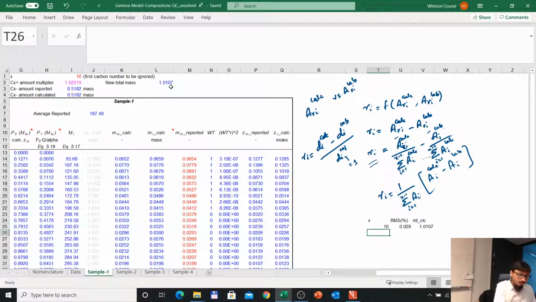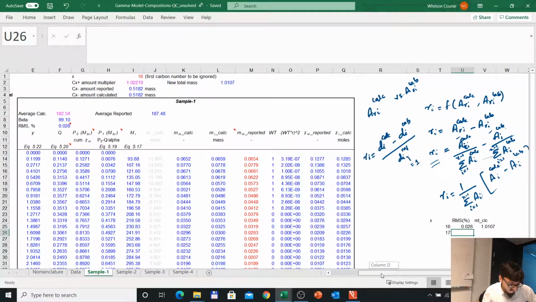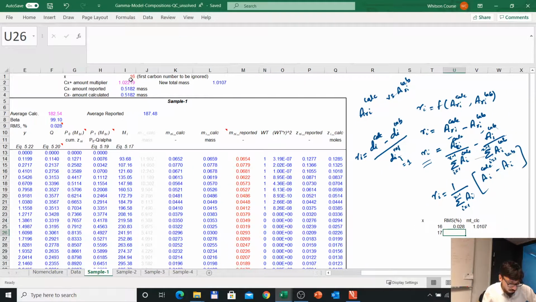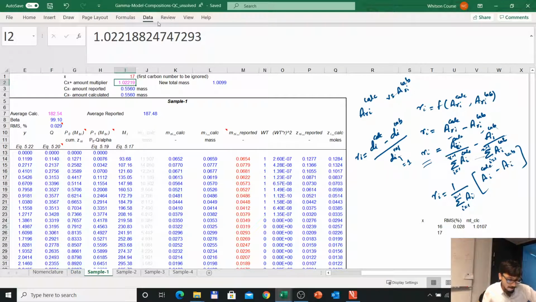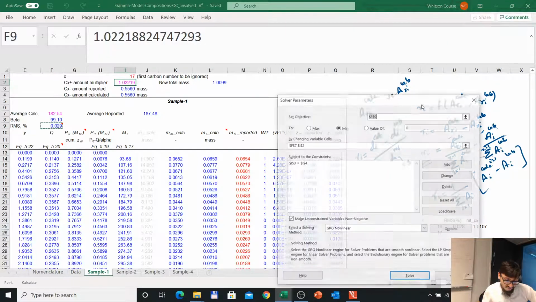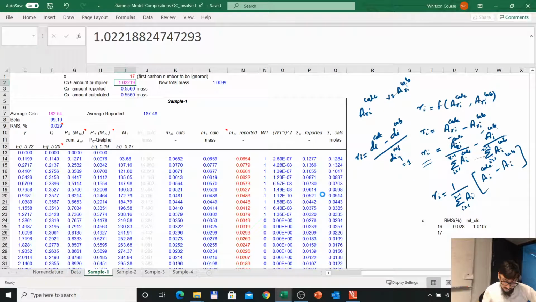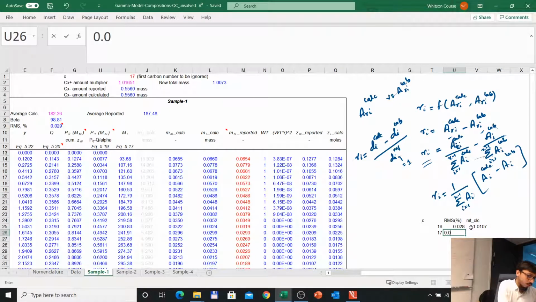Okay, and then we go to 17, for example. So we say 17. RMS is also about the same and very close to 0, 0.029. Calculated mass is 1.0073, close to 1.